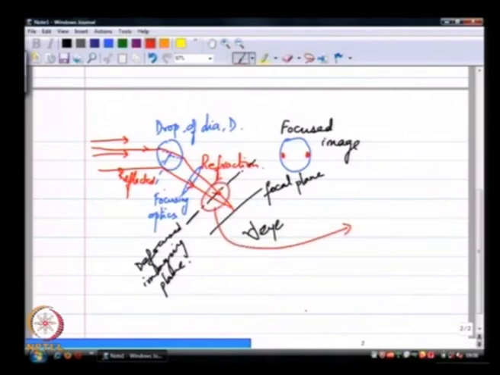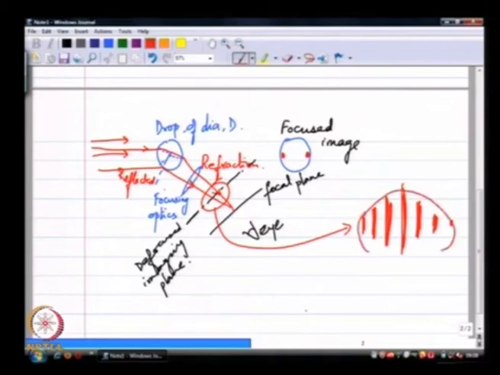So, if I draw that out, we are likely to see this, and all of this is the envelope of a circle, because that is what is scattering the light. So, you see bright and dark interference fringes.